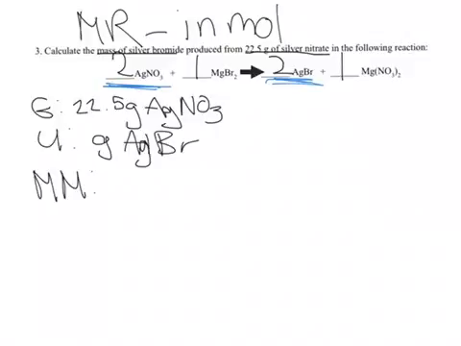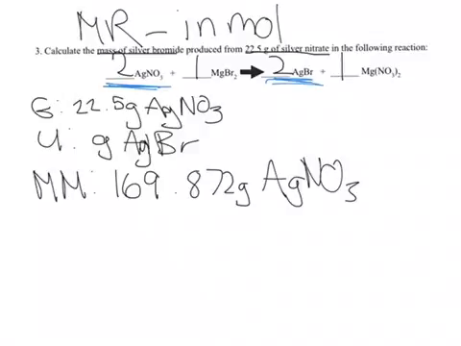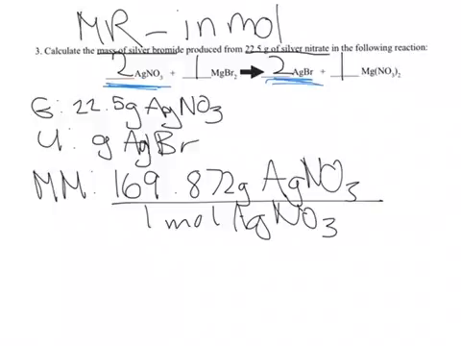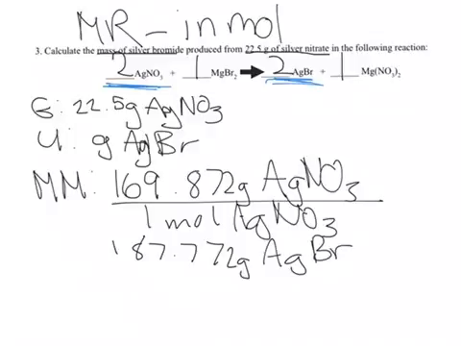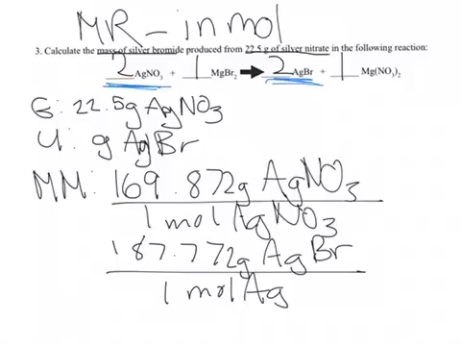So we have 169.872 grams of silver nitrate per 1 mole of silver nitrate. And for our other molar mass, 187.772 grams of silver bromide over 1 mole of silver bromide.